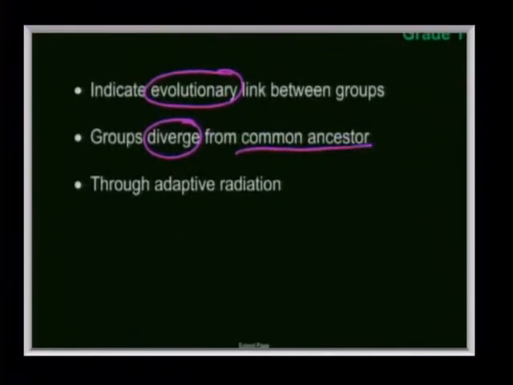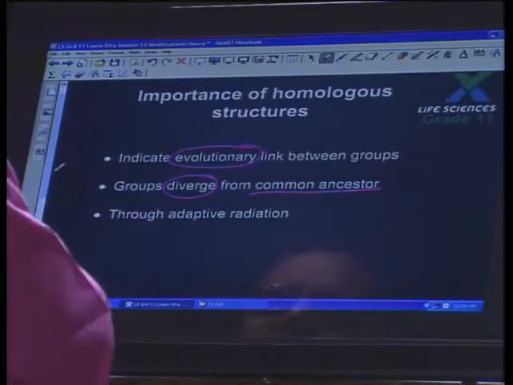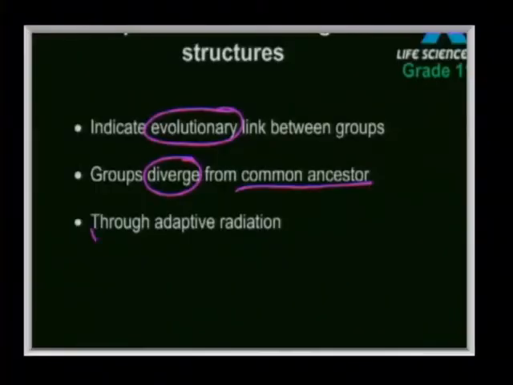What that basically means is, so here you would have your common ancestor, and from here it diverges as the organisms find themselves in different environments. Then by a process of natural selection, we may eventually lead to the development of new species. And then, of course, through adaptive radiation, as indicated.